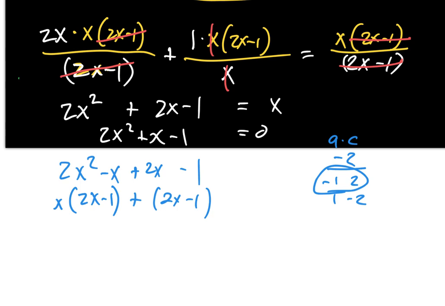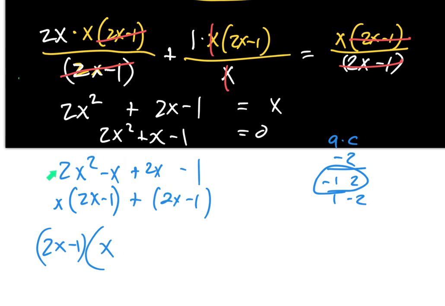Do those two sets that are being added have a common factor? Yes, they do. They both have a 2x minus 1. So I'm going to factor that out in front. And when I factor this out in front, I'm left with an x.